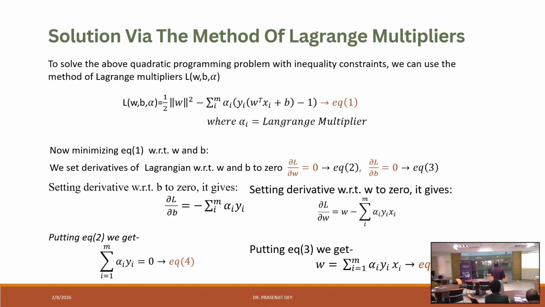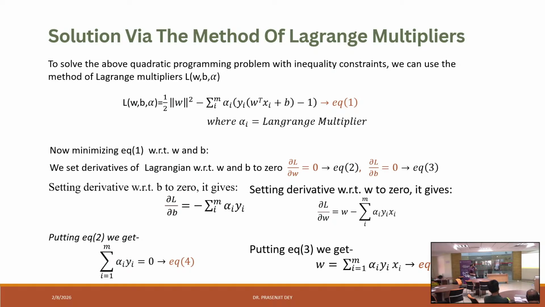We set the derivative of the Lagrangian with respect to w and b to 0, where L means the total loss. Earlier there were two parameters, w and b. Now I added one more parameter, the Lagrange multiplier. So now the equation has three parameters, w, b and alpha. Alpha is the Lagrange multiplier, to be more precise.